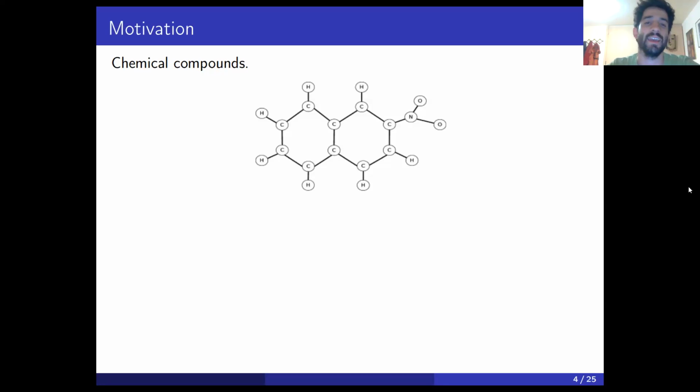Of course, again, when we want to examine if a chemical compound is toxic or not, we don't care about the labeling of the nodes. So we don't want any possible relabeling of the nodes to change our result.